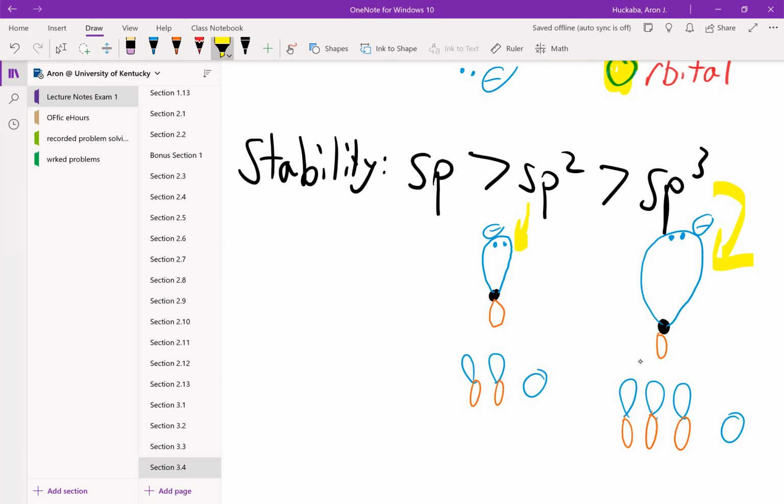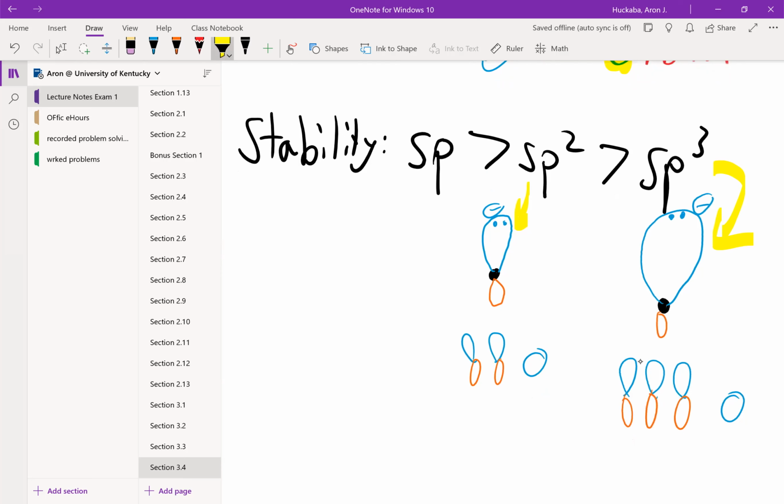Okay. So like I said, the sp3 orbital on the right has a chance to be the least stable because the negative charge can be the farthest away. With the sp2 orbital, the negative charge can be a little far away, but closer to the nucleus. And an sp orbital, if the nucleus is here, is much closer to the nucleus.